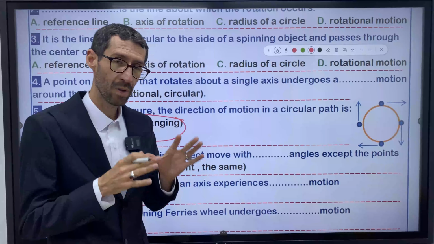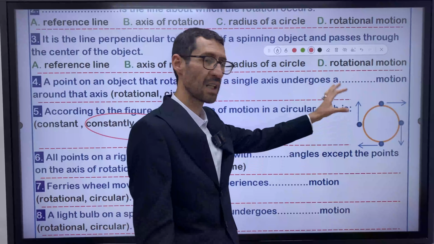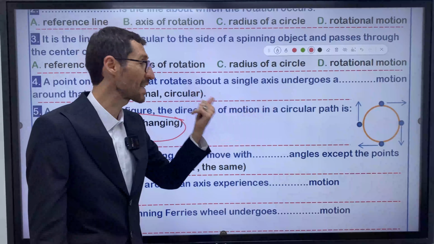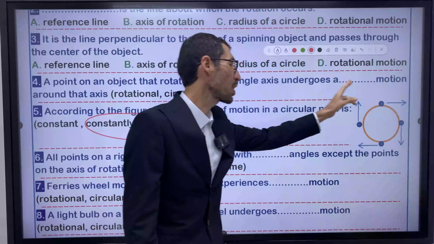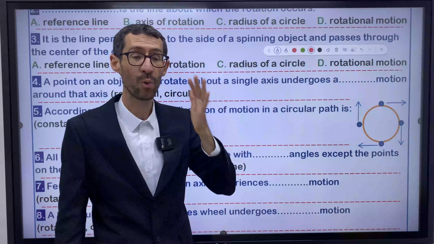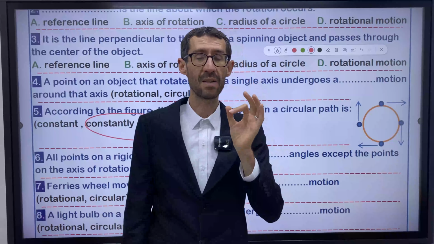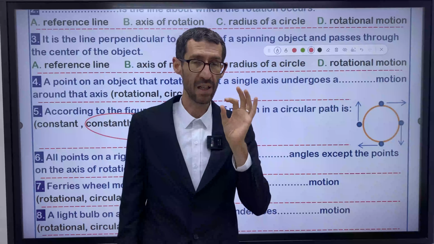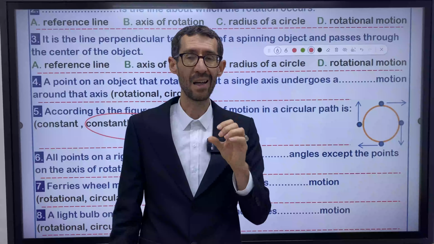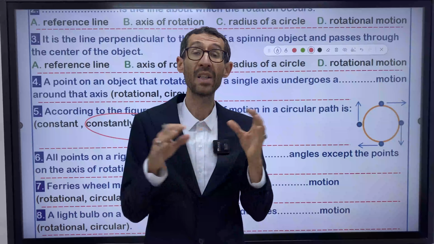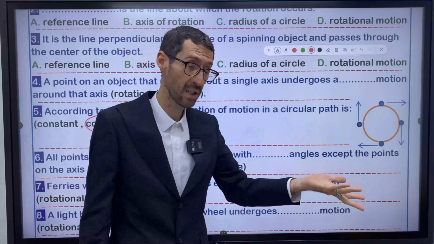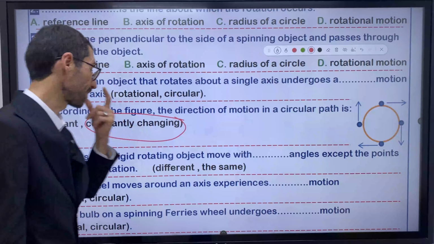But till now, keep in mind that kinematic equations don't work in circular motion. Why? Because in circular motion, the direction of the object is constantly changing, and every kinematic equation works only in one direction, not in more than one direction. That's why it doesn't work here.